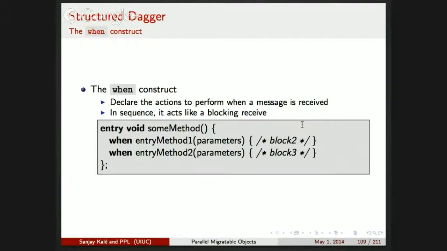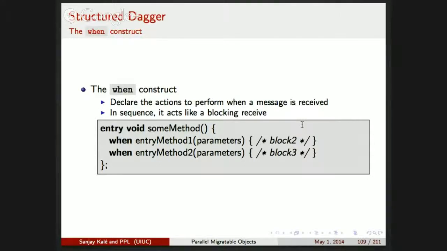And in sequence, it acts like a blocking receive. So in this case, we have some method defined, and the body of that method says, when we receive entry method 1 with whatever parameters, we'll execute block 2. And when we receive entry method 2 with some parameters, we'll execute block 3.